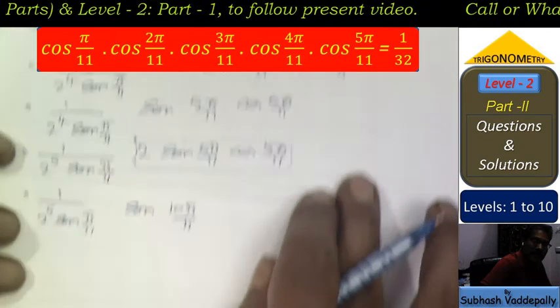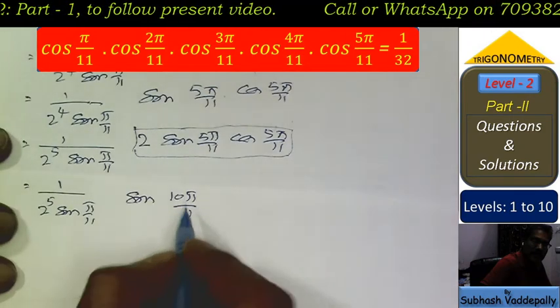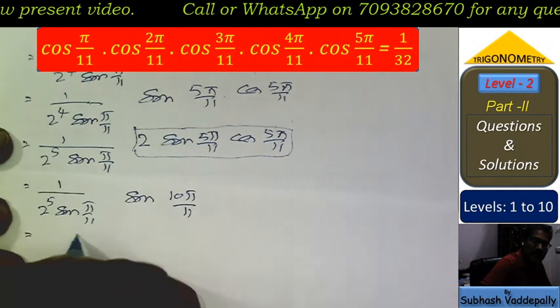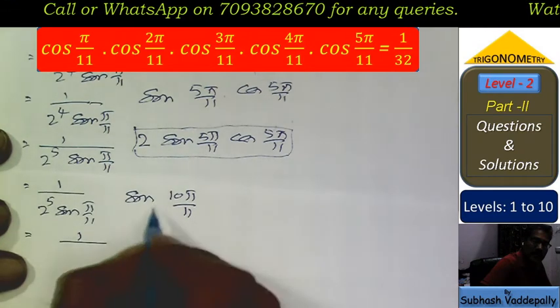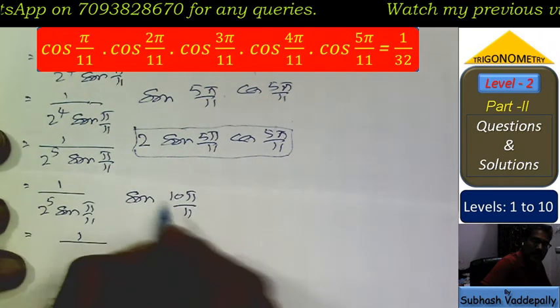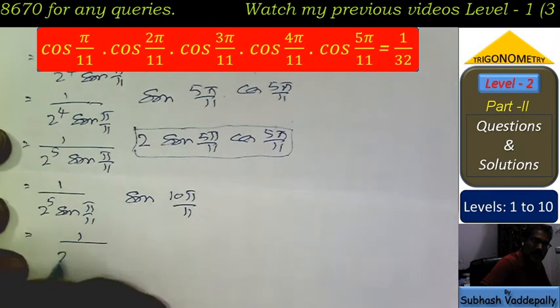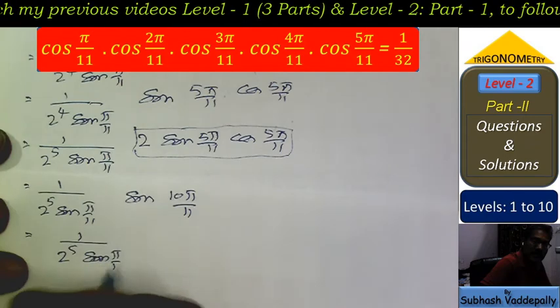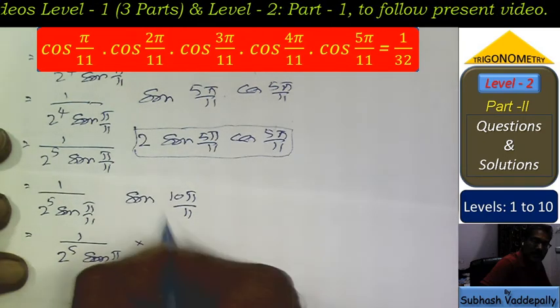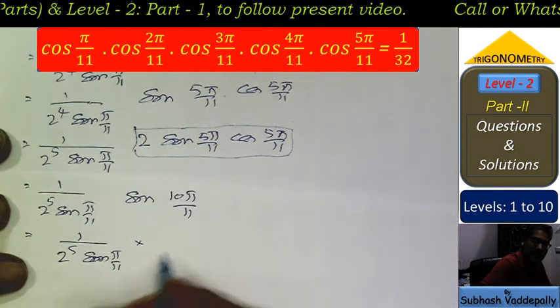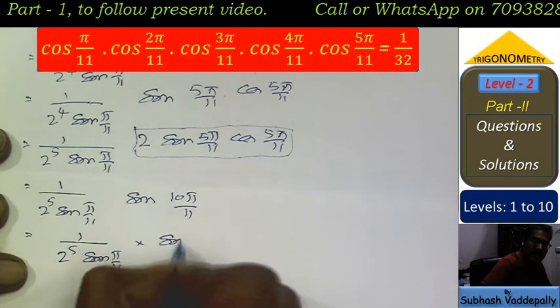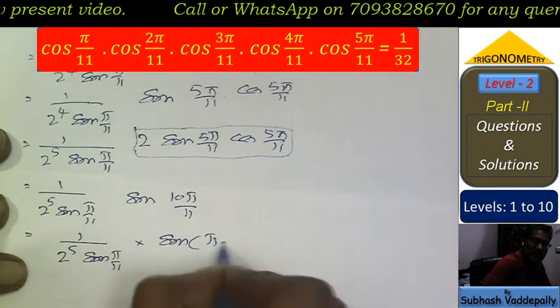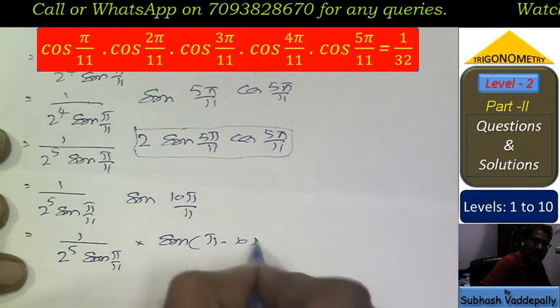Okay, again this sine 10 pi by 11 I want to write by using the previous formula. Every sine theta you can write as sine of pi minus theta. So this is 2 power 5 sine pi by 11 into sine of pi minus 10 pi by 11.